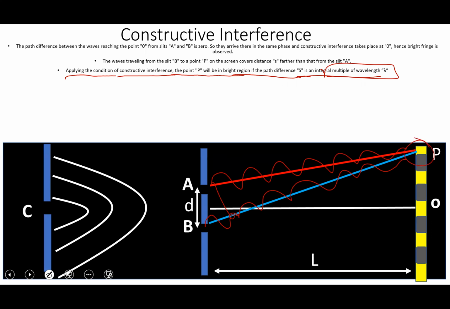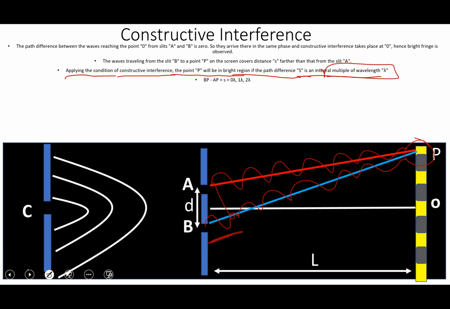But if this region does not follow a whole wavelength lambda, or in our case a half wavelength, then it will be destructive interference, which we'll discuss later on.